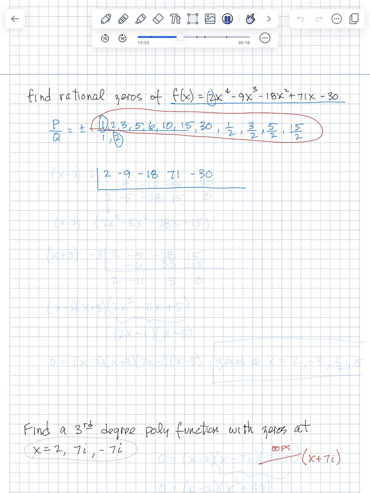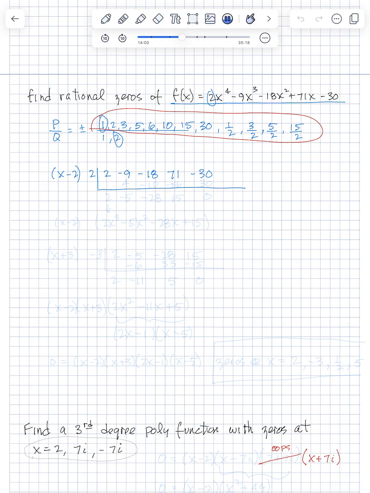Those are the coefficients in the equation f of x equals 2x to the fourth minus 9x cubed minus 18x squared plus 71x minus 30. And we're going to try 2, put 2 here. So this means we're seeing if x minus 2 is a factor.